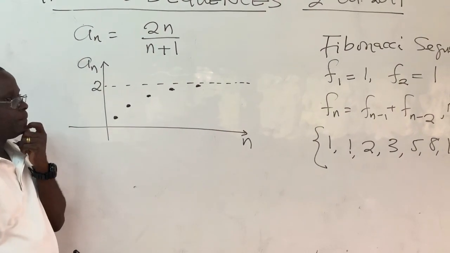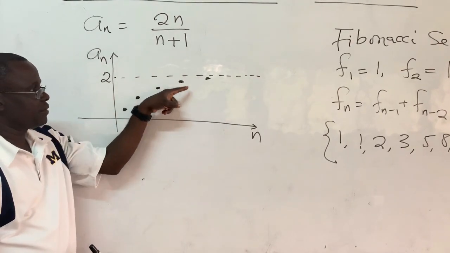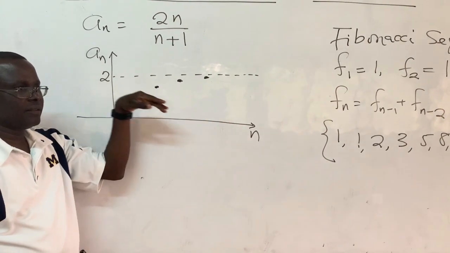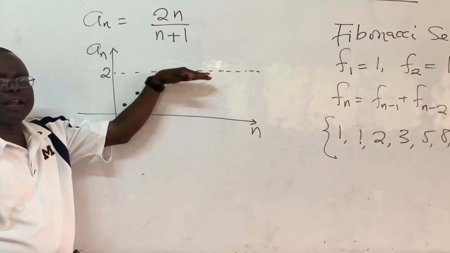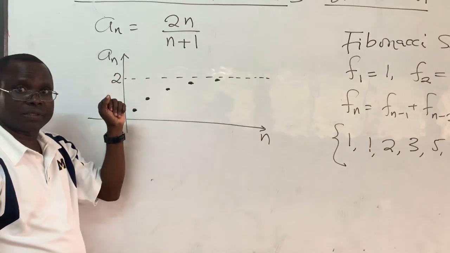Now, if the terms of the sequence as n goes to infinity are approaching a certain number, then we say that number is the limit of the sequence.